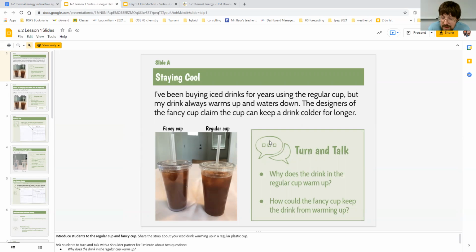Why do you think the drink in the regular cup warms up, and how could this fancy cup that has two different layers of plastic keep my drink from warming up? You can pause the video and jot down your thoughts from a student's perspective. Why do you think the fancy cup keeps the drink from warming up?